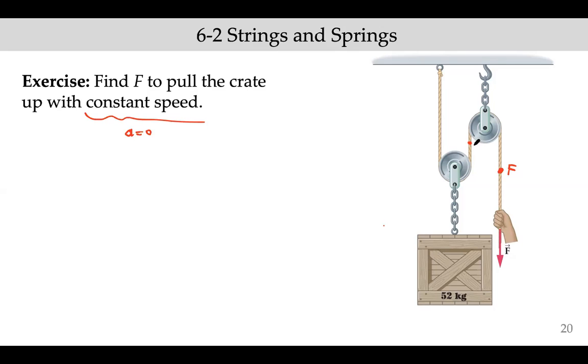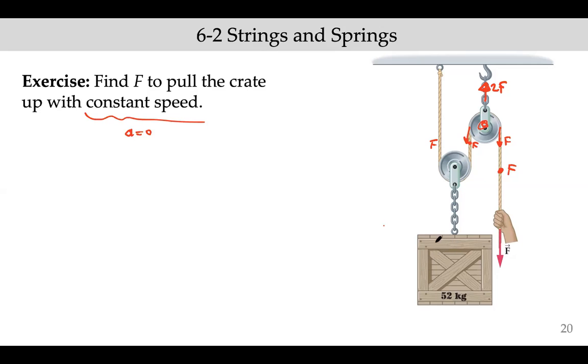So here F and here F. If you think about this pulley, these two Fs are pulling it down, 2F in total, and that 2F would be pulling it up so that it becomes in equilibrium, or zero acceleration. But we are not really interested in this part.